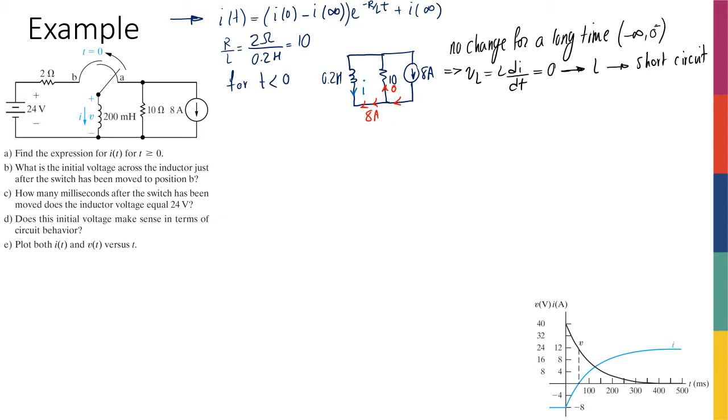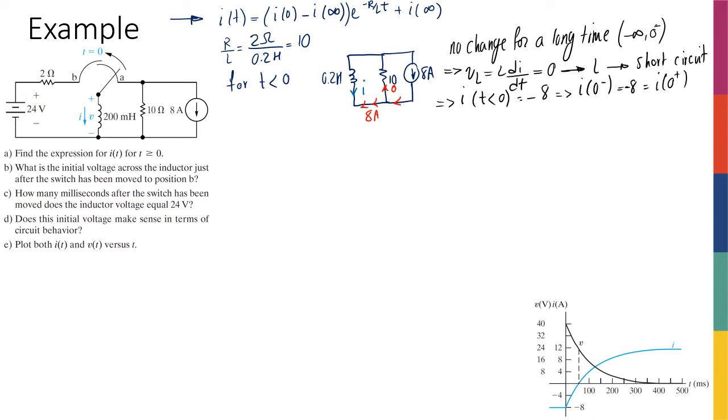So this means that I for t less than 0 is going to be negative 8. That's why it's negative, because it's the opposite of the direction of this current source. So I at 0 minus is going to be, sorry, negative 8, which is equal to I at 0 plus. So that's my initial condition.